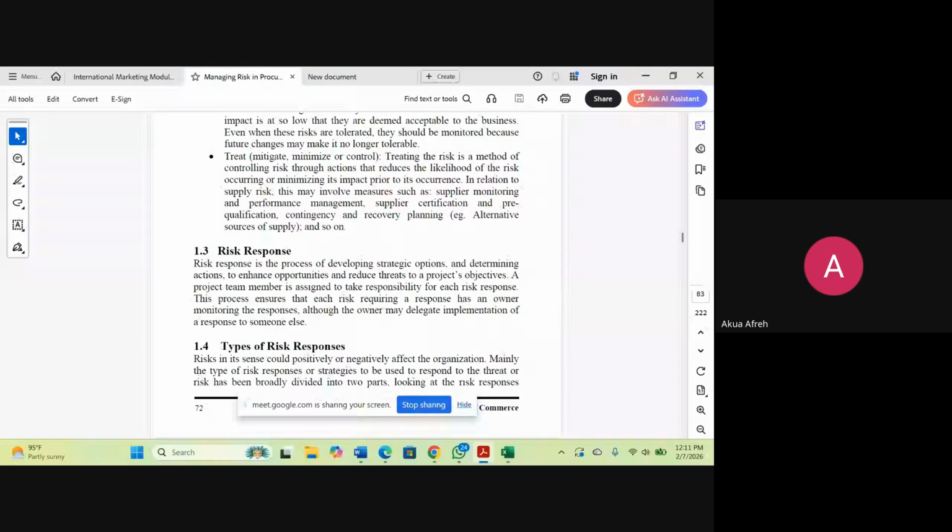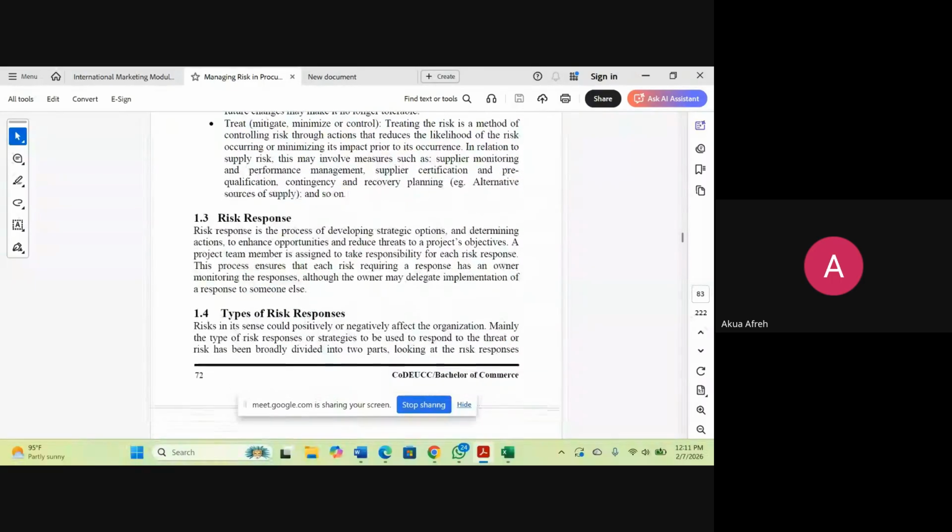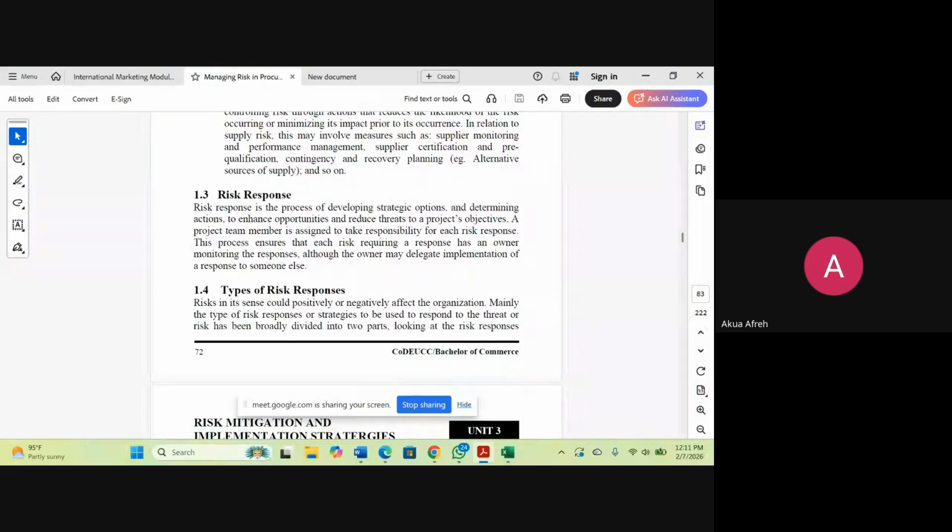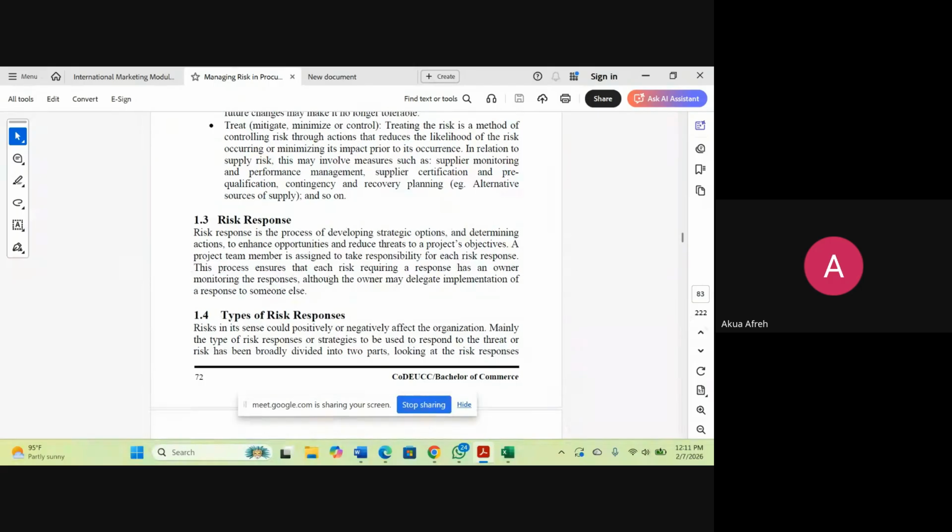So we are getting to know all these risk mitigation strategies. Now, how do we respond to the risks that we see or are able to identify in the organization?